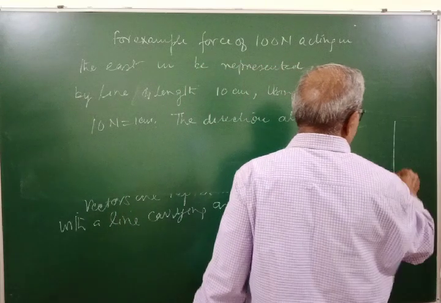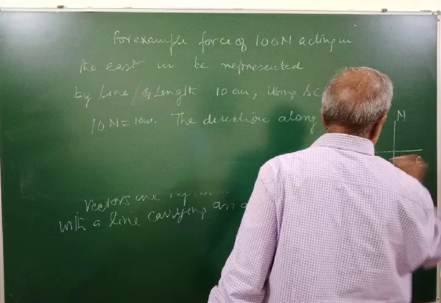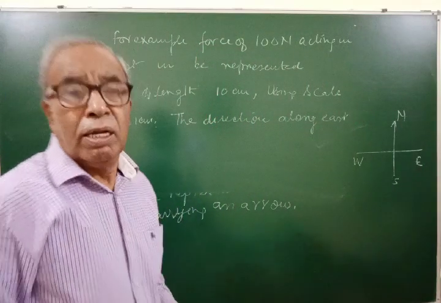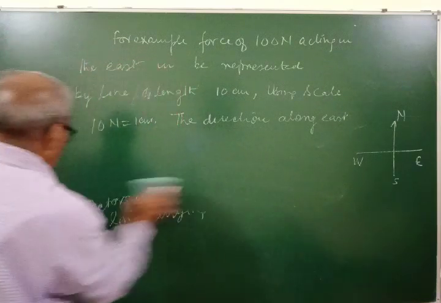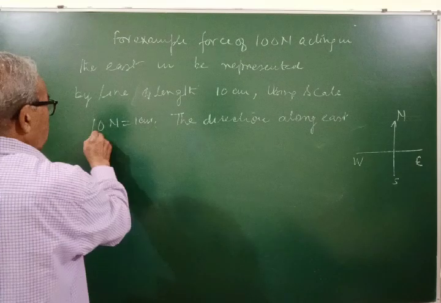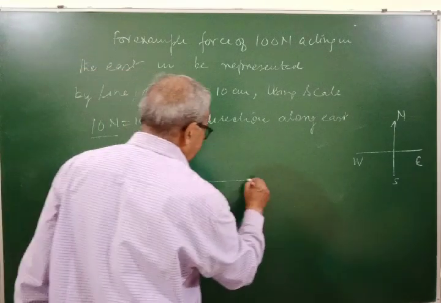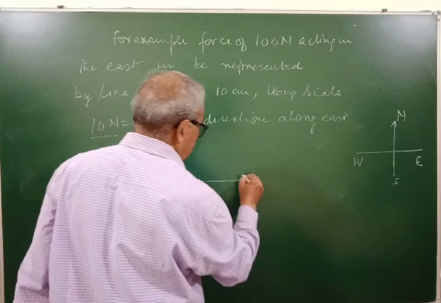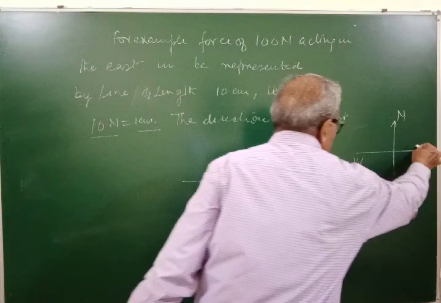How? First of all, you mark here north, south, east, west. So our force of 100 Newton is acting in the east. I told you here, take a scale, 10 Newton equal to 1 centimeter. So draw a line of 10 centimeter and put the arrow on the top of the line pointing in the east.